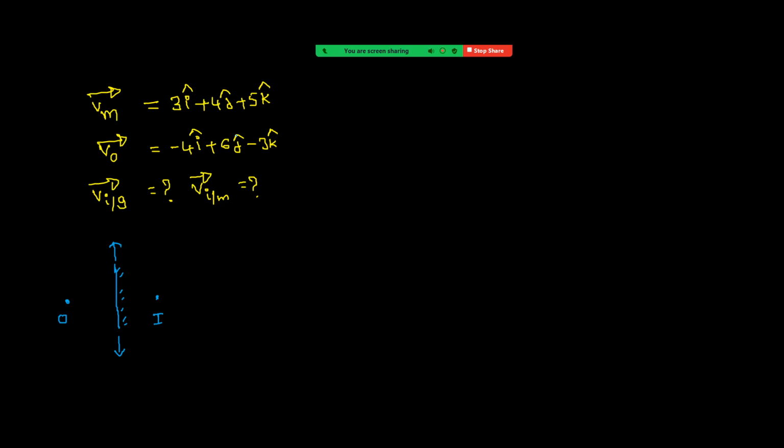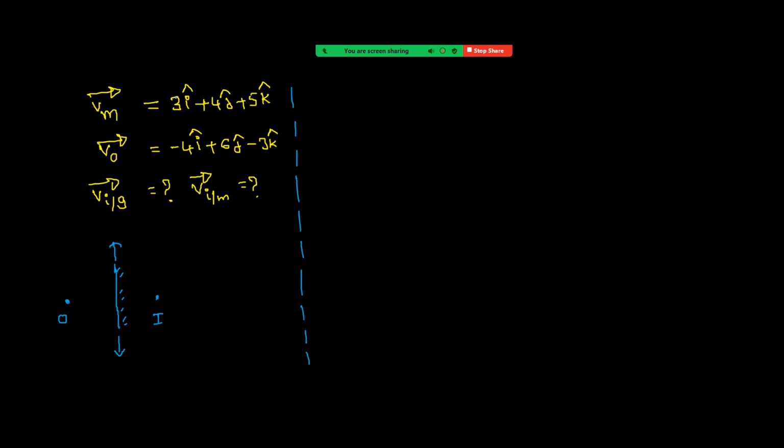That means we need not consider 4j cap and 5k cap. So in the last lecture, we have discussed that if the mirror has velocity normal to its plane, then image velocity will be twice that of the mirror velocity, right?